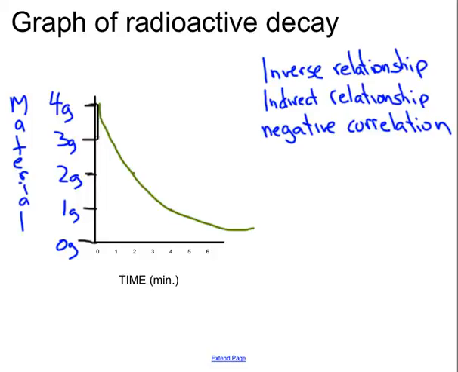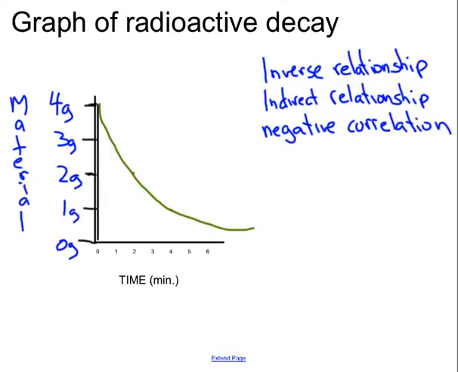You had 4 grams. It's right at the beginning of our graph. After 1 half-life went by, how much material would you have left? If you started with 4, you would only have 2 left after 1 half-life.